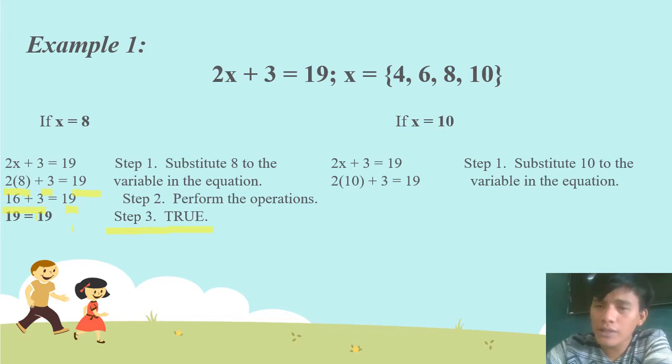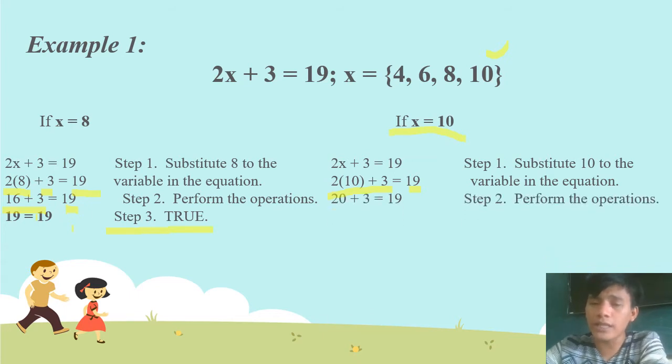We'll try also 10. If x is equal to 10, 2x plus 3 is equal to 19. Step 1, substitute 10 to the variable in the equation. That will be 2 times 10 plus 3, and our right side is 19. Step 2, perform the operations. 2 times 10 is 20, plus 3. 20 plus 3 is 23.